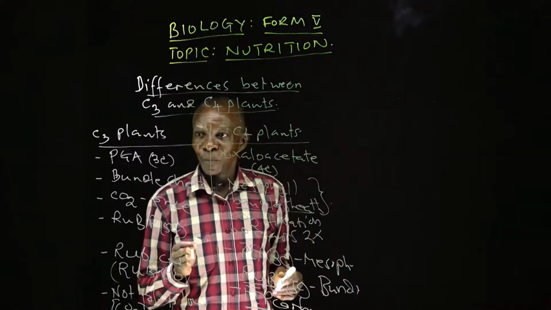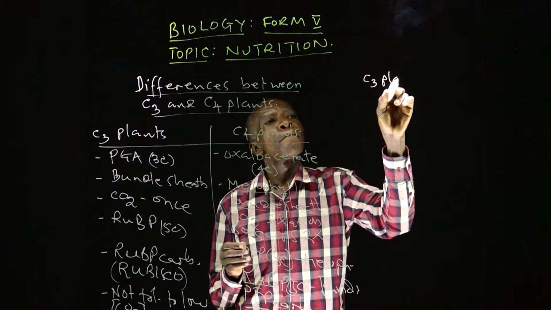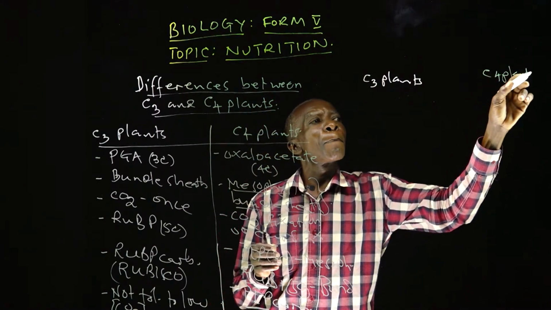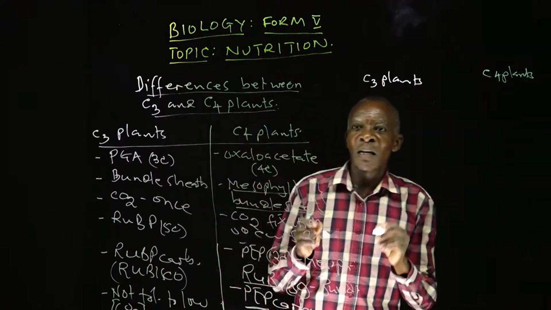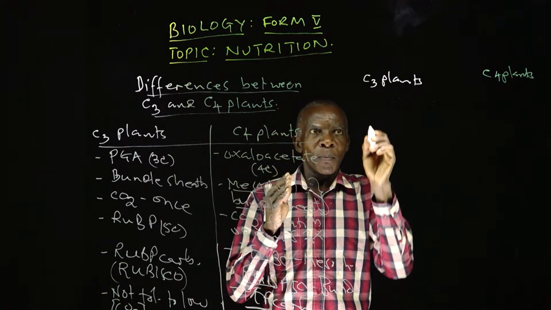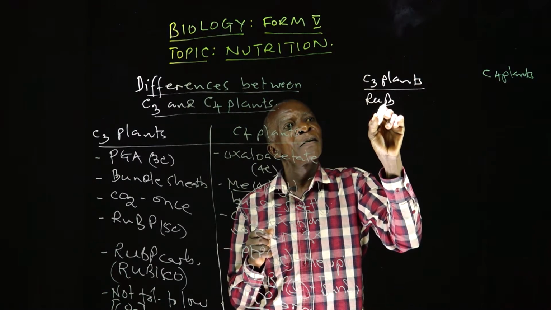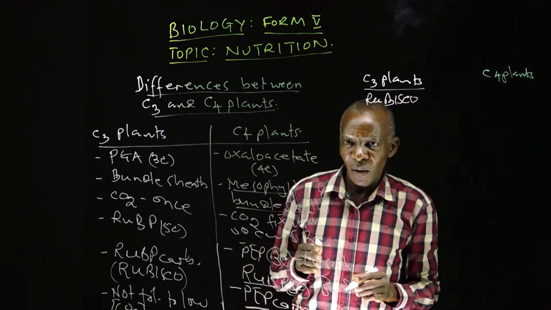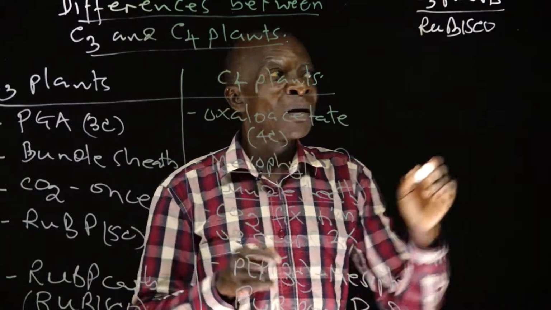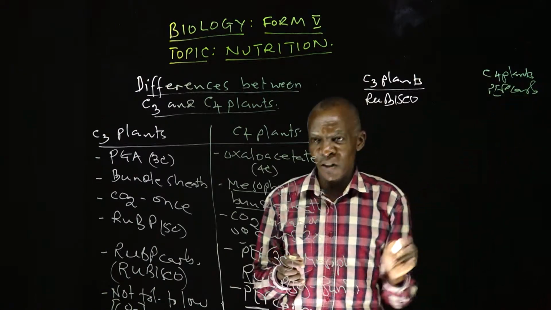We have seen that in the C3 plants, the enzyme used is ribulose biphosphate carboxylase, but its affinity for carbon dioxide is lower compared to phosphoenolpyruvic acid carboxylase.